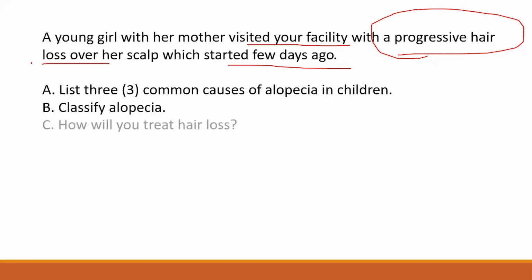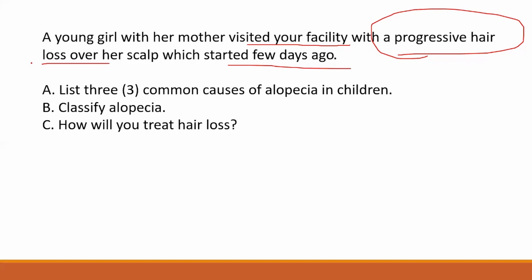All right. How will you treat hair loss? Basically, you can treat hair loss with topical and systemic immunomodulatory agents. Then you can do patient education, especially for those suffering from traumatic alopecia, where they go and do their braidings and at the end of the day hair is being lost from their head.